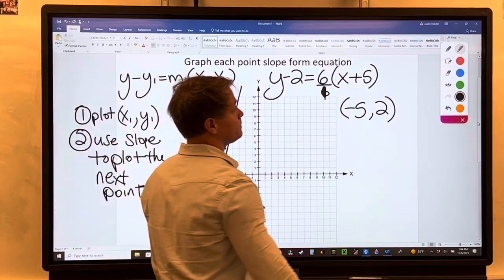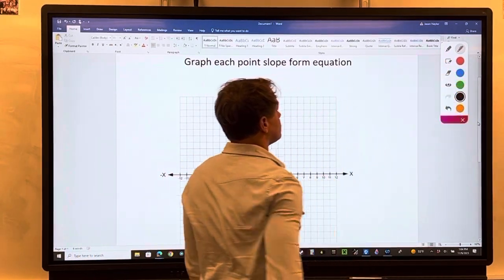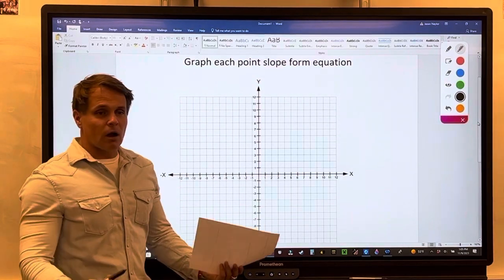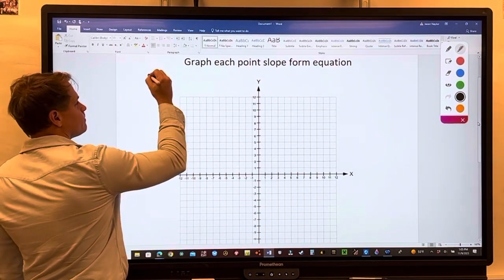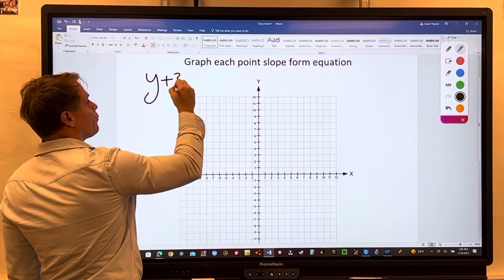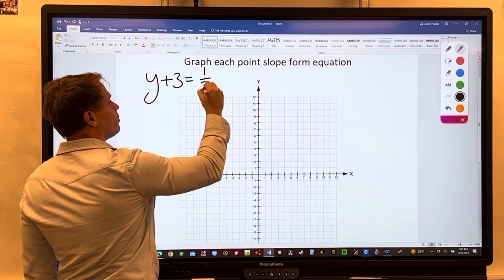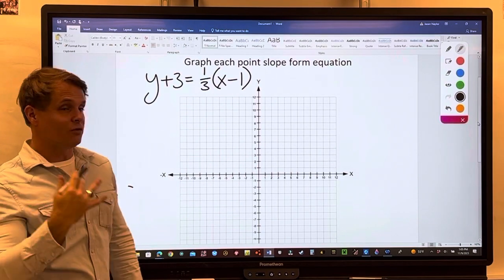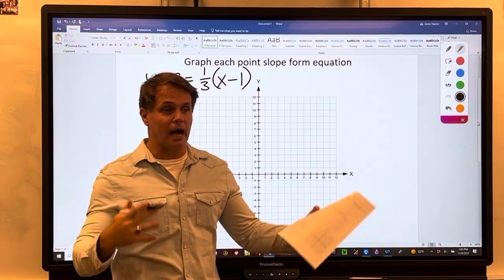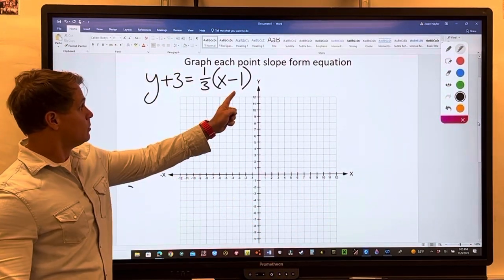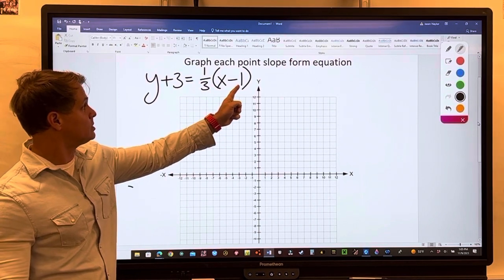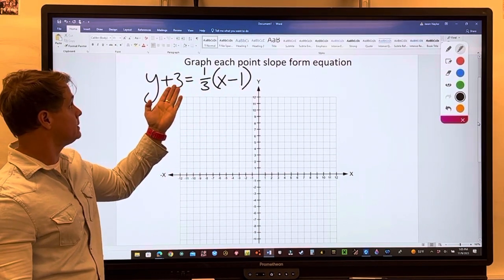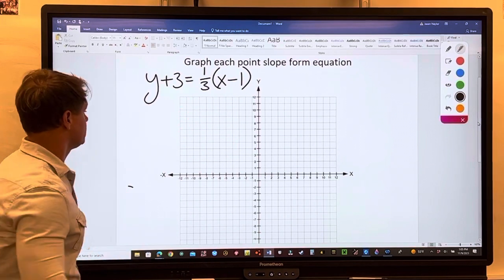Let's do another one. Now I'm going to start with the equation y plus 3 equals 1/3 (x minus 1). The very first thing I'm going to do is look and see what the points are. The points are +1 and -3.